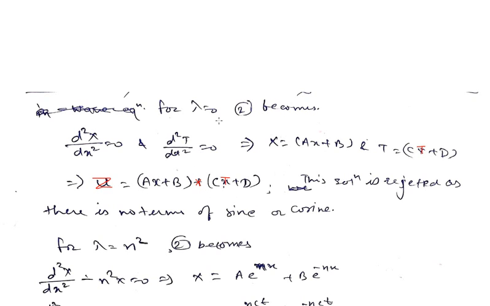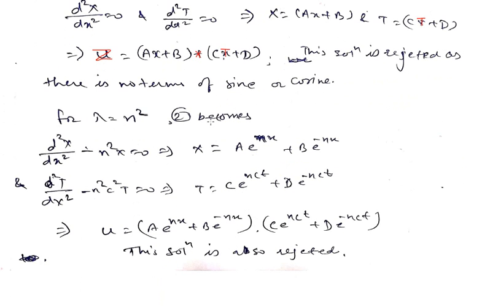Now if we assume lambda is equal to n square, in that case we get d2X upon dx square minus n square X is equal to 0. And when we solve it, we get X is equal to a exponential nx plus b exponential minus nx. Its auxiliary equation is m square minus n square, which gives us two roots, m is equal to plus minus n. That's why the CF will be a exponential nx plus b exponential minus nx.